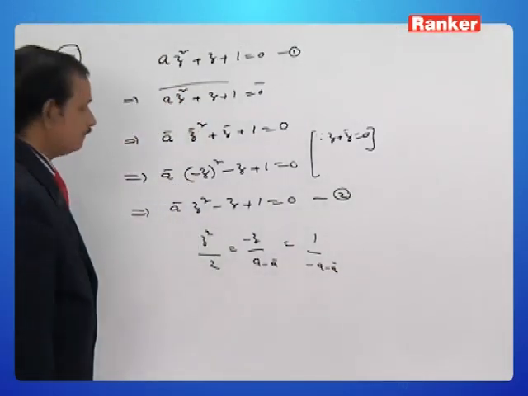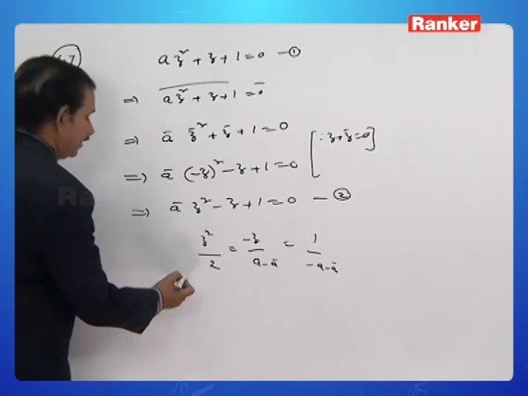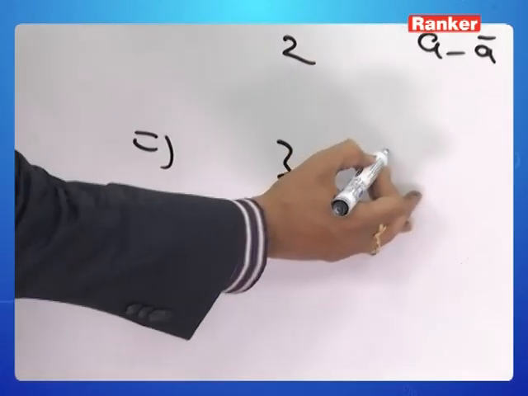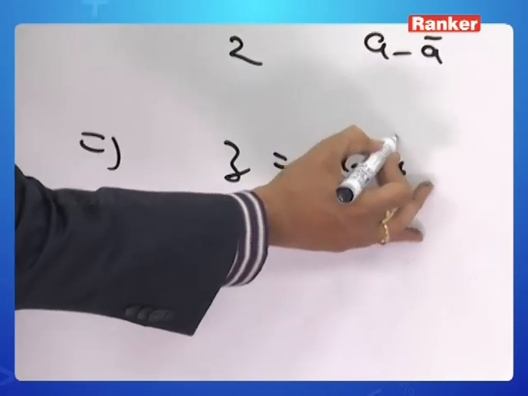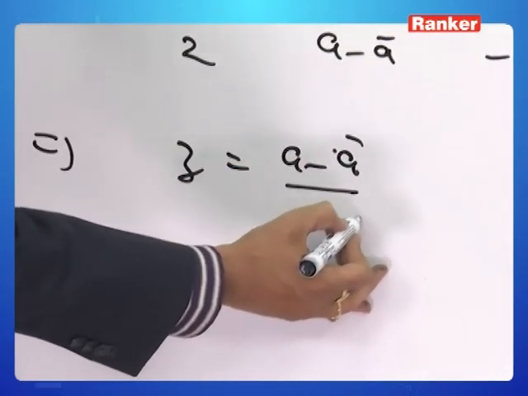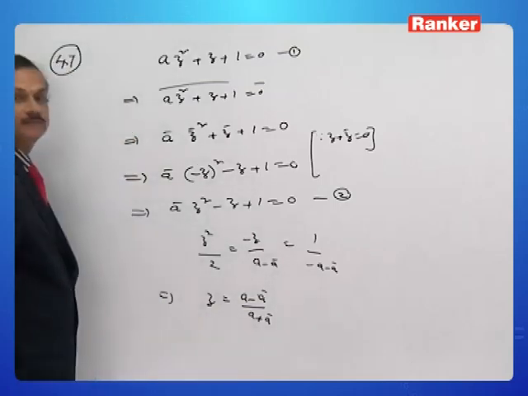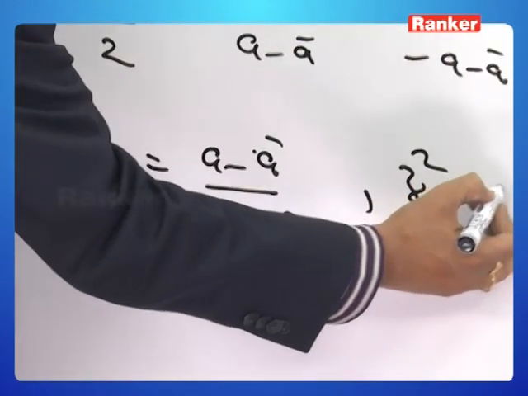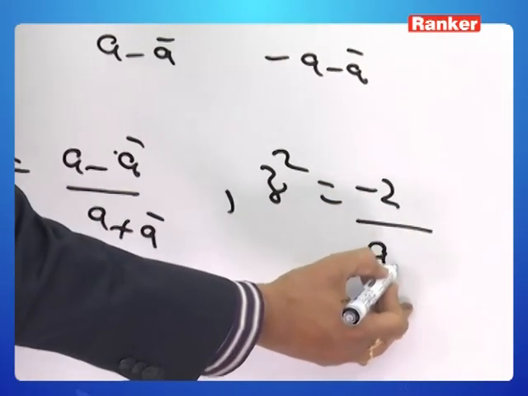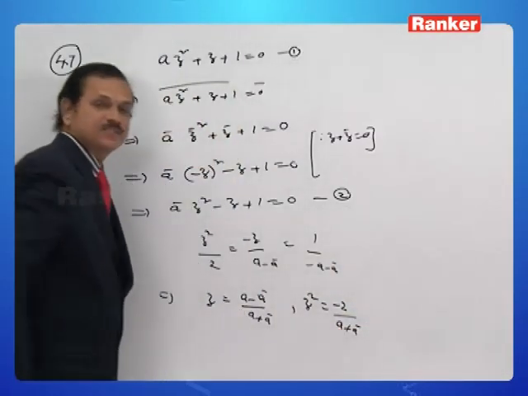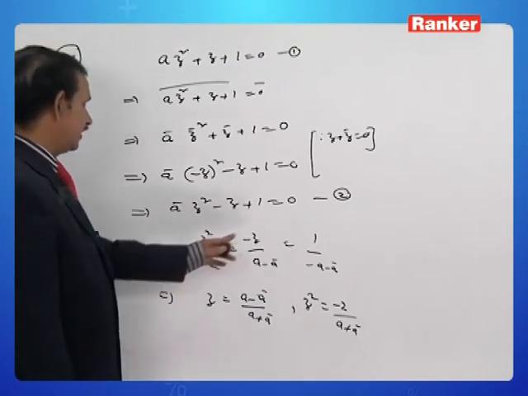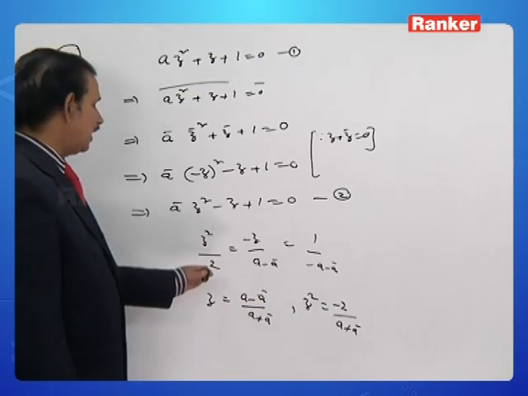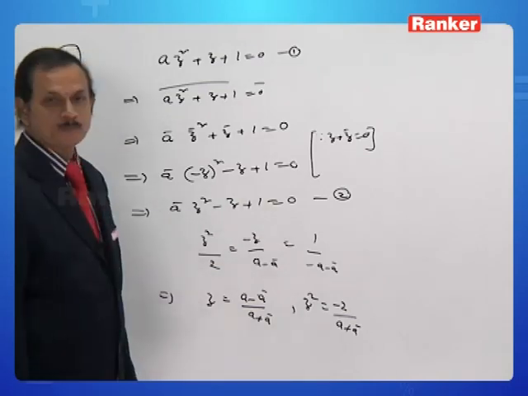Therefore, z is equal to a minus a bar by a plus a bar, and z square is equal to minus 2 by a plus a bar. Am I correct?